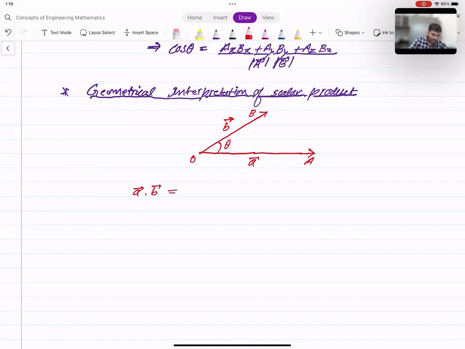It is nothing but the distance OA, the length of the first vector, multiplied by the length of projection of the second vector OB on the first vector.